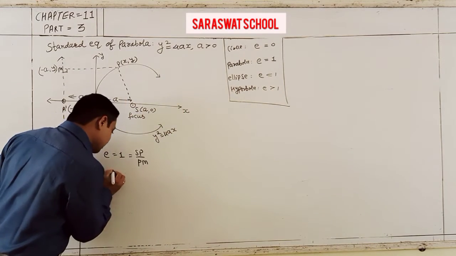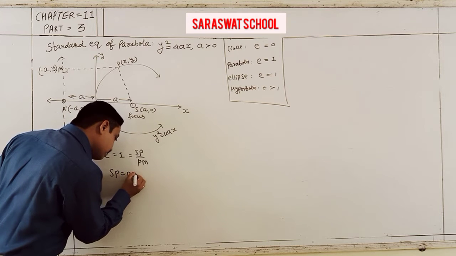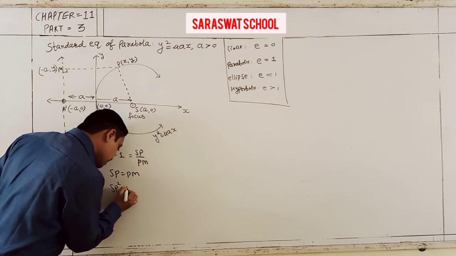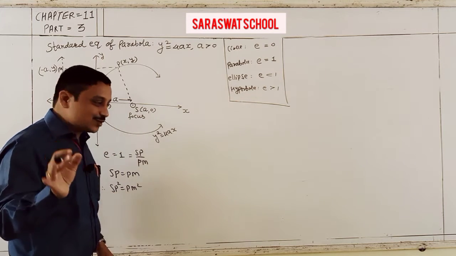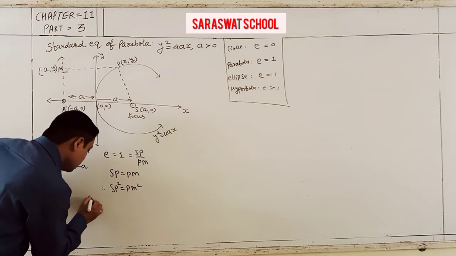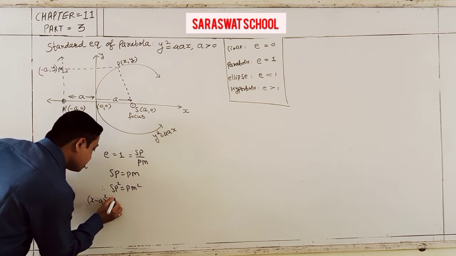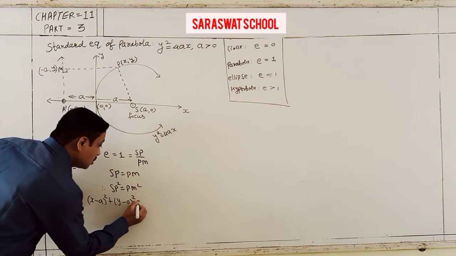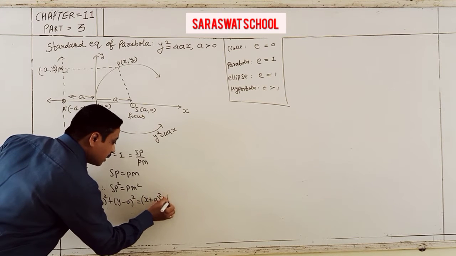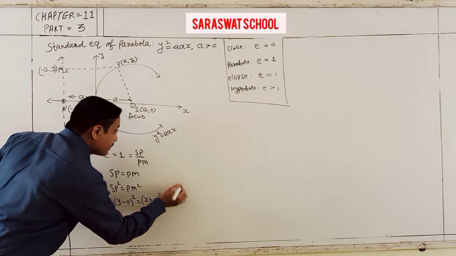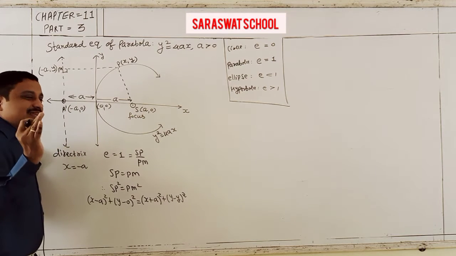Now if you cross multiply, SP is equal to PM, so SP square is equal to PM square, making squares, and apply your distance rule. S to P: (x minus a) whole square plus (y minus 0) square. P to M: (x plus a) whole square plus (y minus y) square. Simple students, you calculate in the easy way.